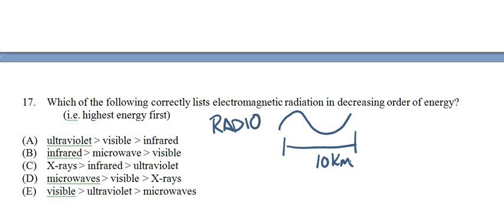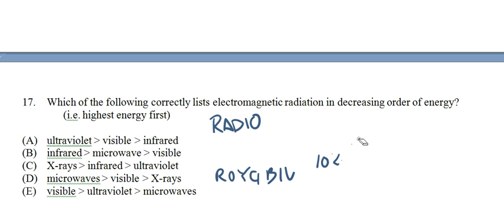If we have a big wavelength, that means we have low energy. There are a few others after radio waves, but right before Roy G. Biv, on the red end of the spectrum, you have infrared.